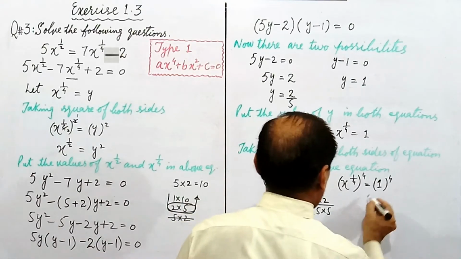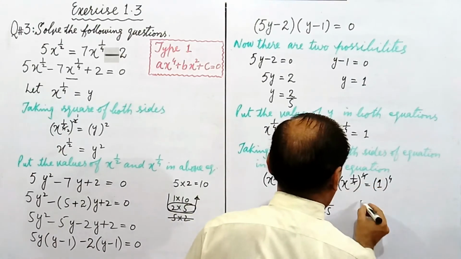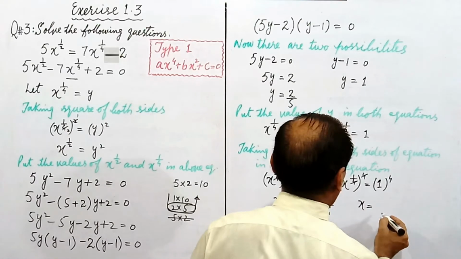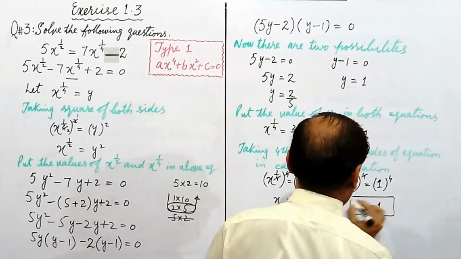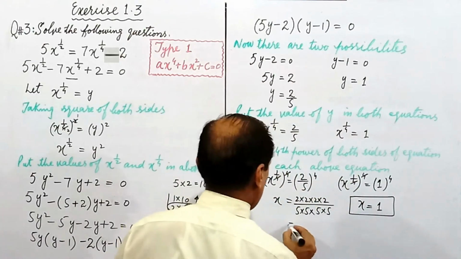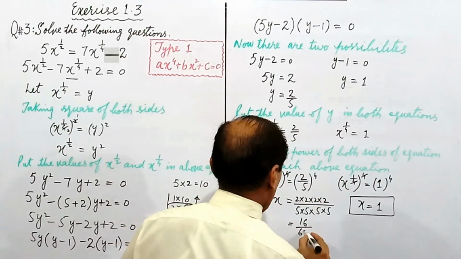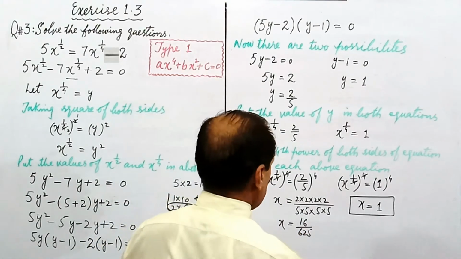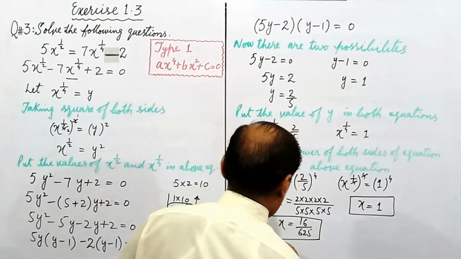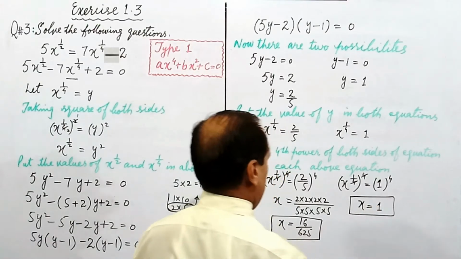And for the second, 4 is cancelled by 4, x is equal to 1 raised to power 4, meaning 1 multiplied 4 times equals 1. We get the second solution, and the first solution is 16 over 625. Thus, the solution set is 16 over 625 and 1.